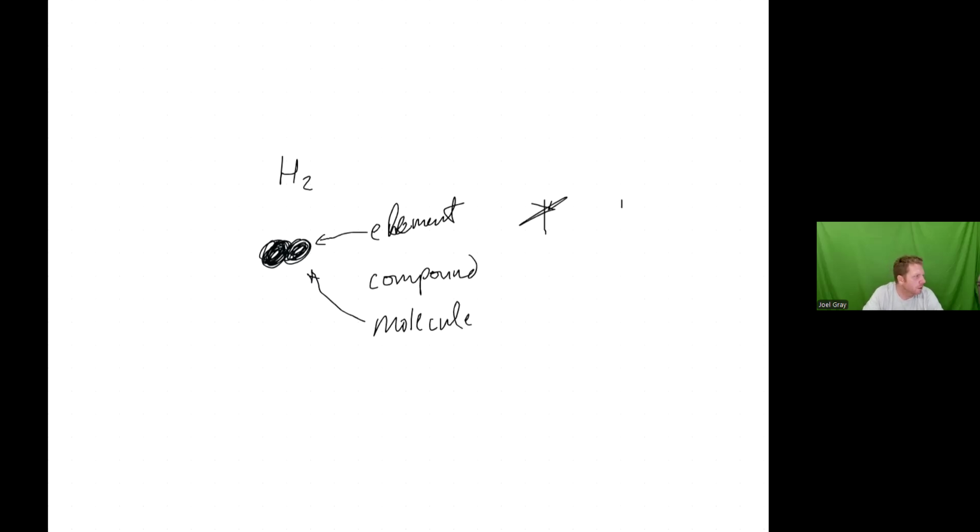Now, if I were to get something like water, the formula is H2O. This is two different atoms, hydrogen and oxygen.